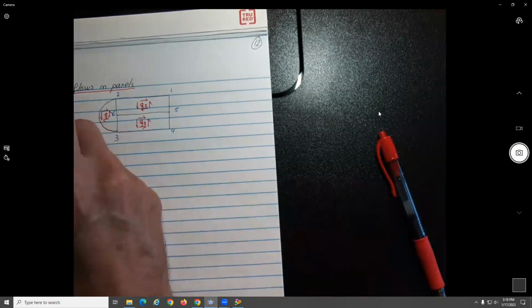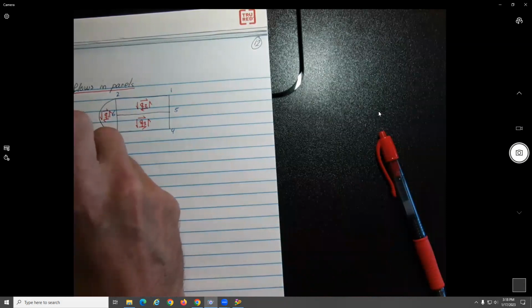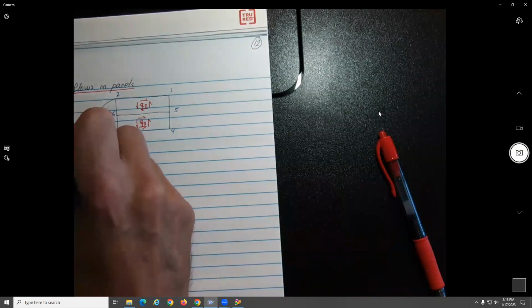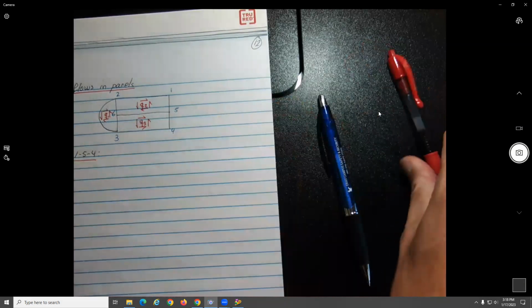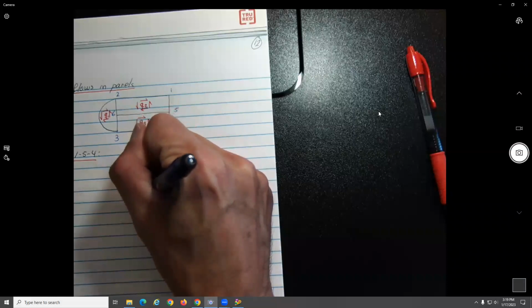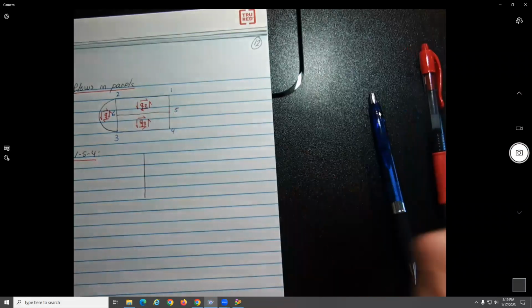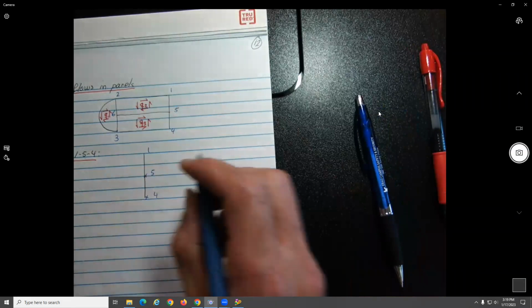Okay, so if we look at the member, let's say flange 154. Now this is similar to what we did before. So basically we go now to the solution we had before. 1, 5, 4.